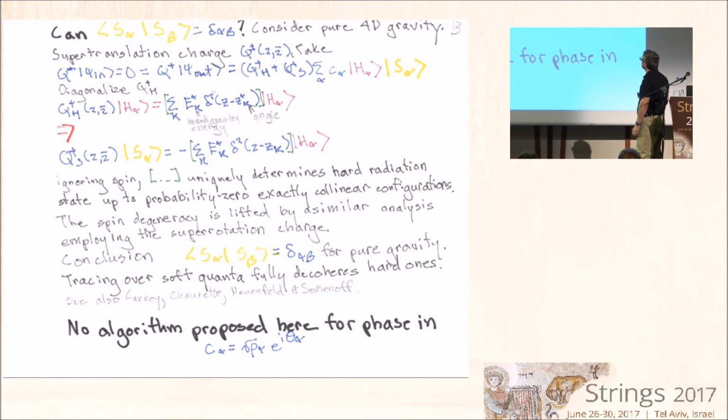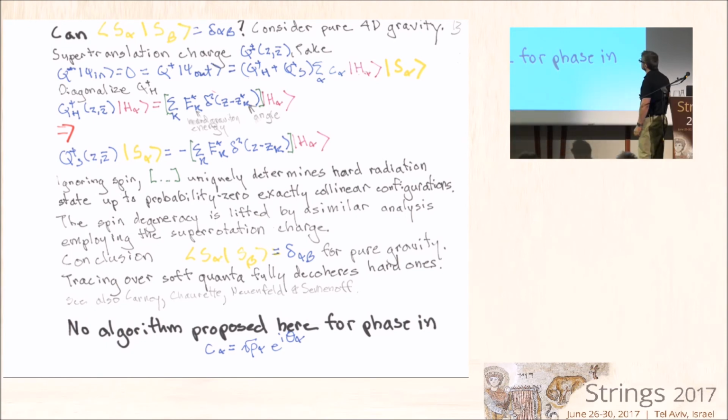This measures the angle that the graviton comes out at. This is the energy of the graviton. We could have two gravitons with half the energy going to exactly the same angle, and that would give the same supertranslation charge.